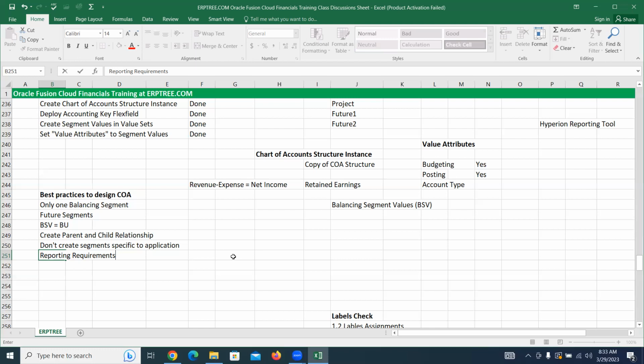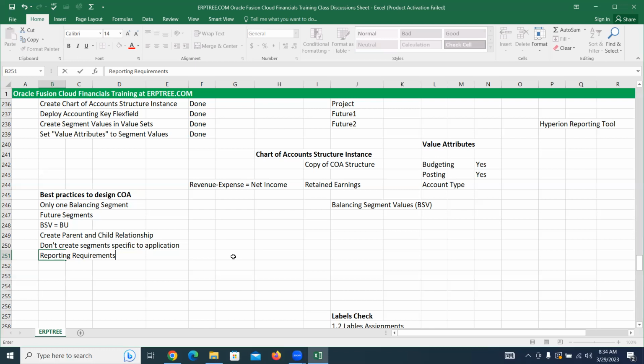Always ask them very politely, so you want to record the transactions and generate the reports primarily at what level? Company level. You think, okay, company we will make as the primary balancing segment. Don't discuss much about it. That's how you have to manage certain things.